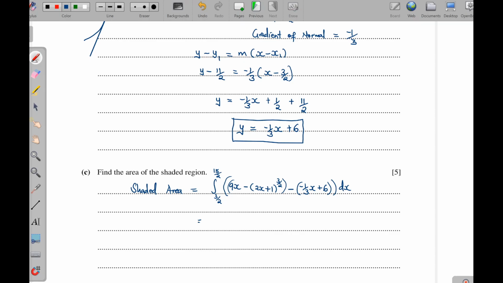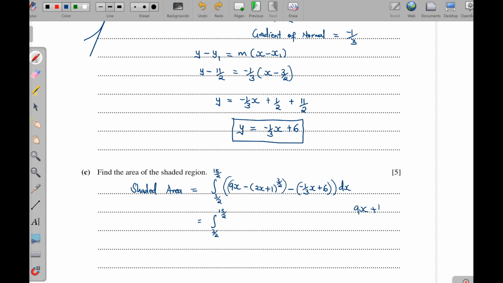Now, first I'm going to simplify what I'm having inside here. Now, 9x minus, this one will actually be plus, so plus a third of x. This one will be 9 times 3, that is 27 plus 1, 28.